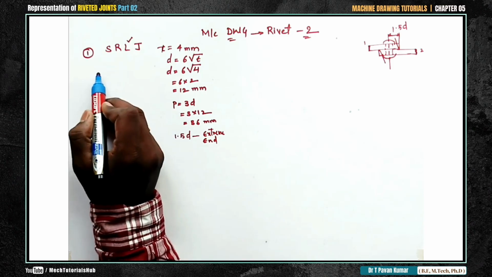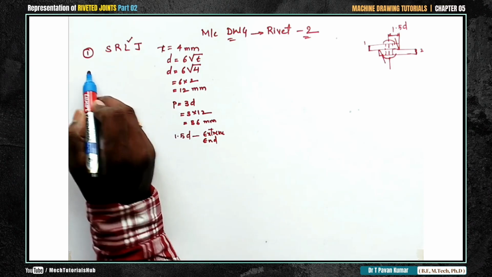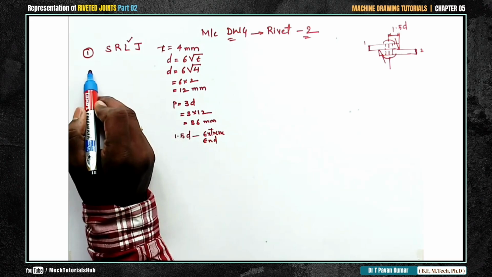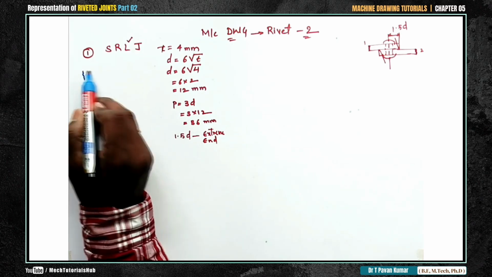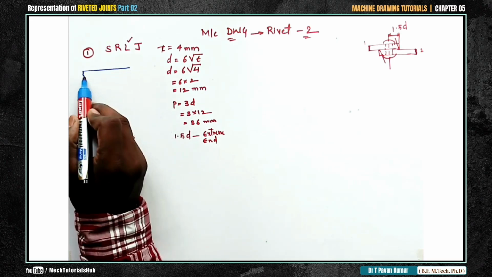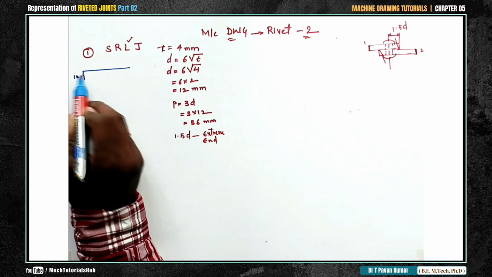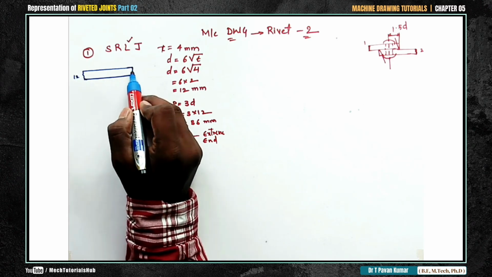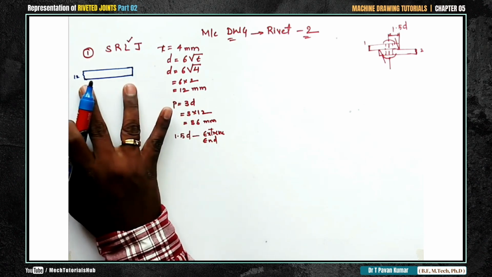I'll start somewhere here. This end I'm not bothered about, so I'll draw a zigzag line followed by a straight line. Then again from here I'll measure 12 mm and draw one more line up to some infinite distance, and close. I am not measuring the length.